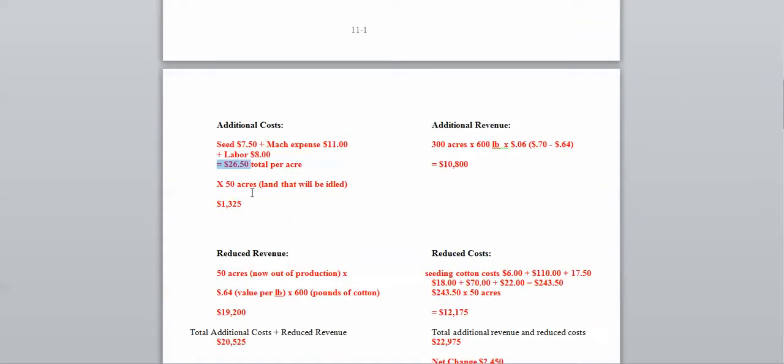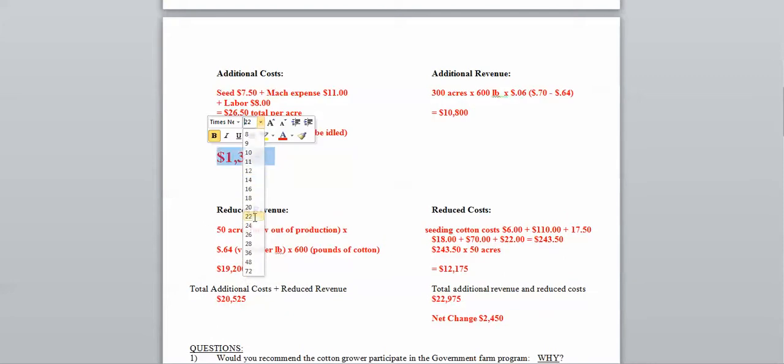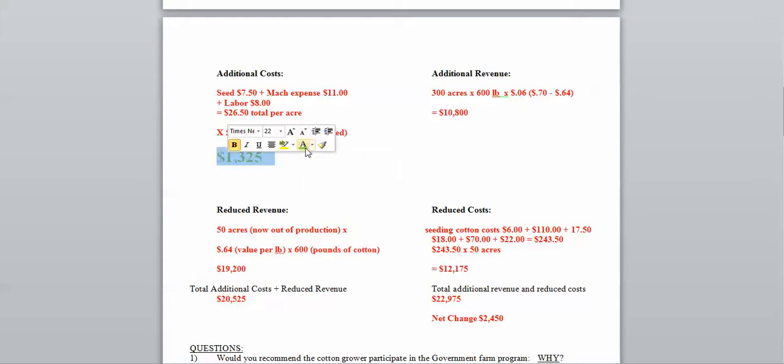Times 50 acres on the idled land gives us $1,325. That's the total additional cost.